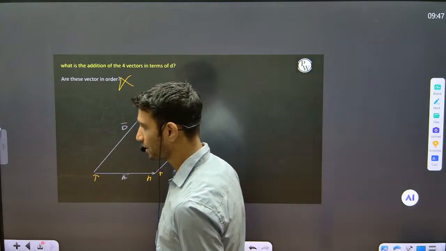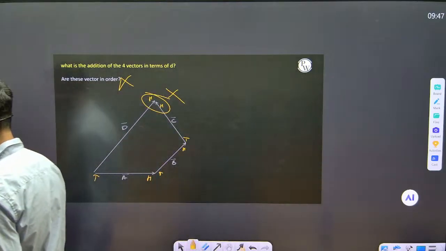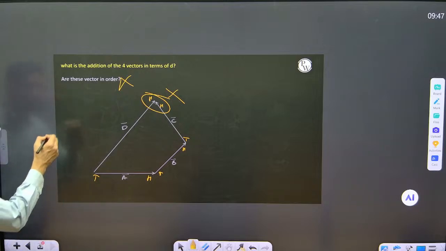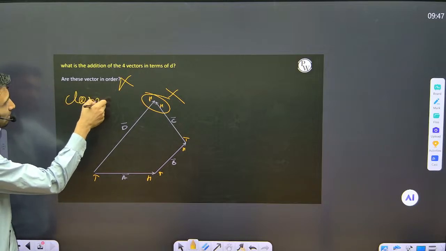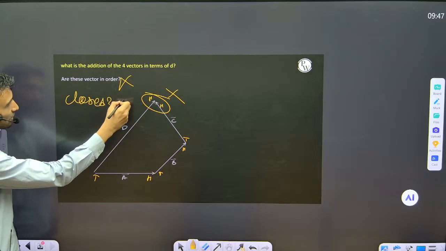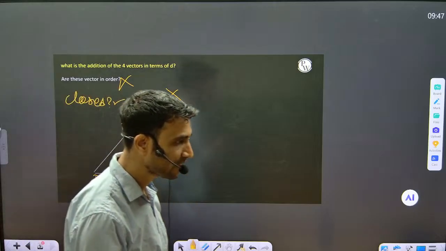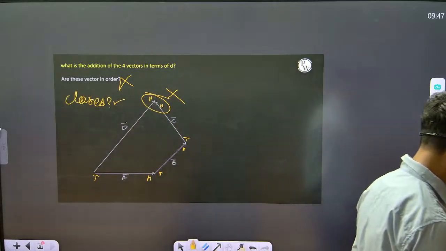If they're not in order, are they closed? Yep, they are closed. That's fine. But they're not in order, guys. And if they are not in order, can their sum be 0?